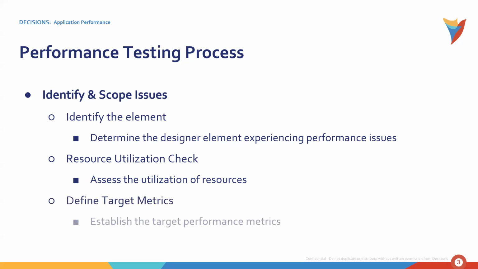Then we also need to establish and identify the performance metrics that we want to measure for our application. For example, let's say the customer has agreed that this particular dashboard or this particular API should have a response time of 1 second.